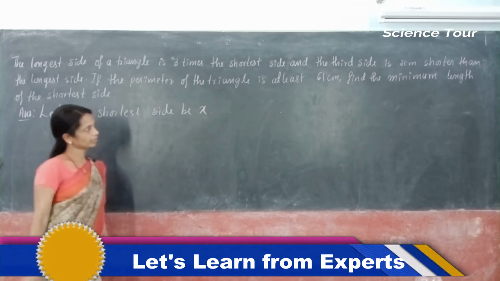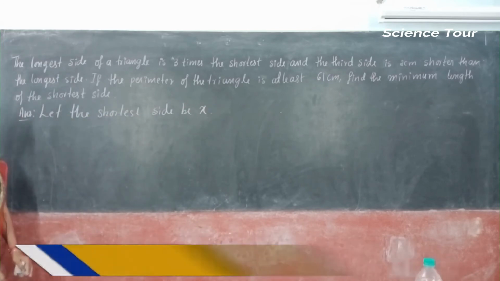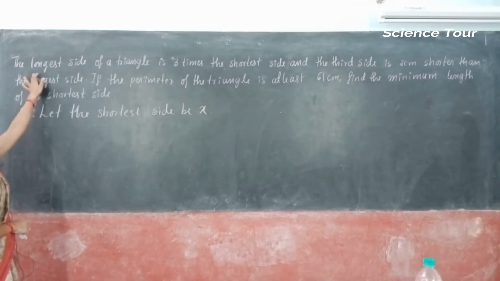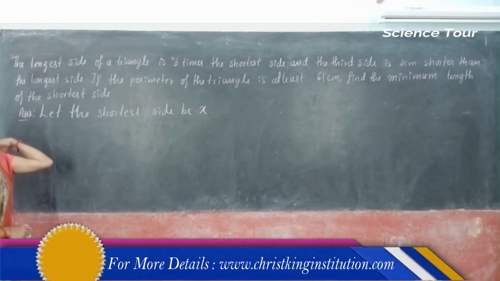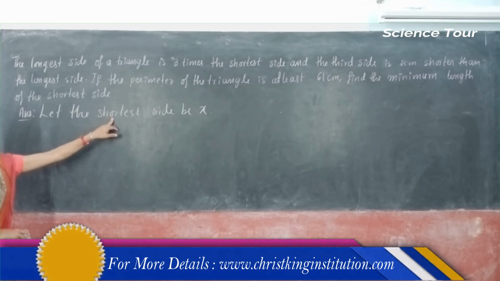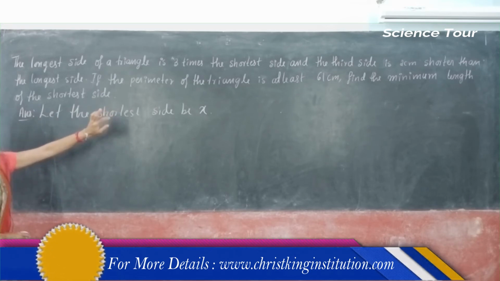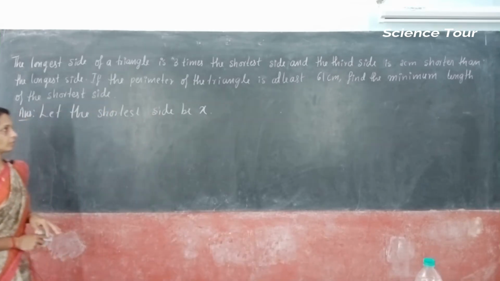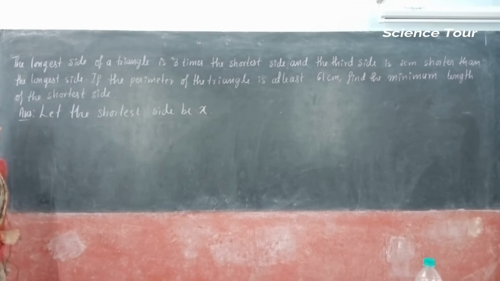Why have we taken the shortest side as x? Because all 3 sides of a triangle are given in terms of the shortest. So for that reason you start like this. Let the shortest side be x, and how will the second length be?